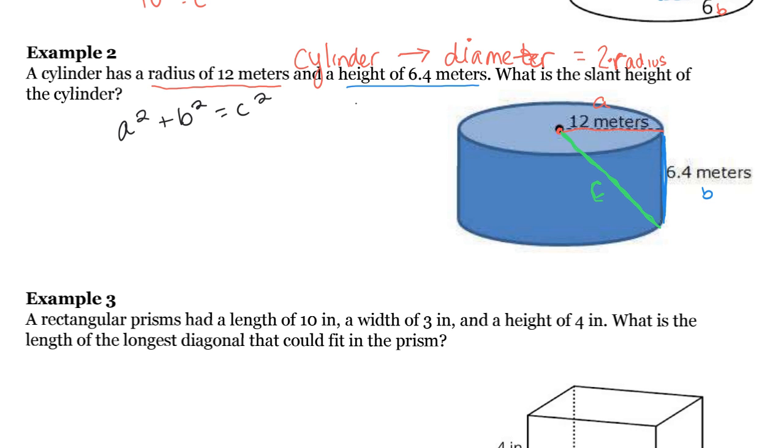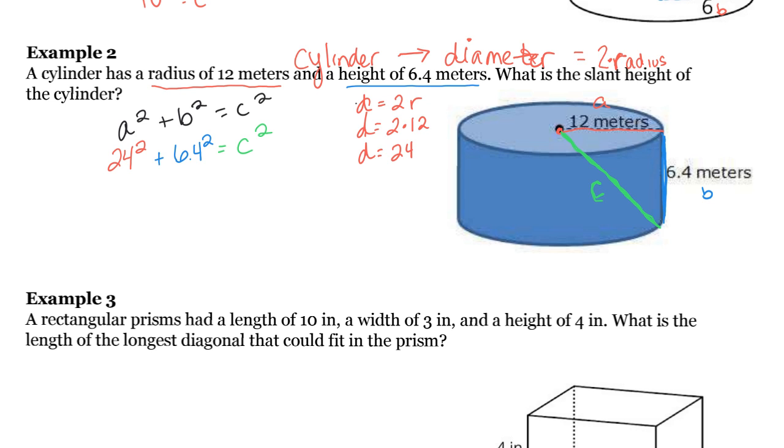So if we have a radius of 12, what's 12 times 2? So if our diameter is equal to 2 times the radius, we need to do 2 times 12 to find the diameter. So the diameter is 24. So now that's what we're plugging in for our cylinder for A. So we're actually plugging in 24 squared. The height stays the same with 6.4 squared. And then C stays C because that's what we're trying to find.